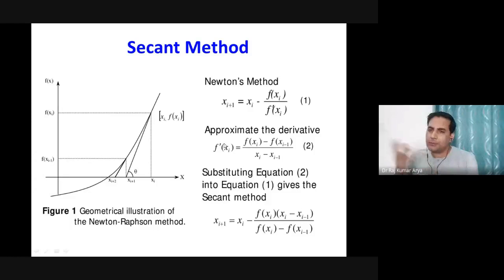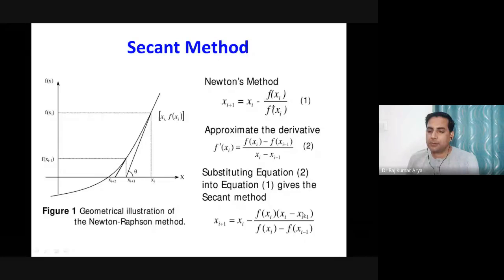Actually, the derivative is just a difference, delta y upon delta x, right? That's why we calculate the derivative, correct or not? Normal derivative from first principle, correct?